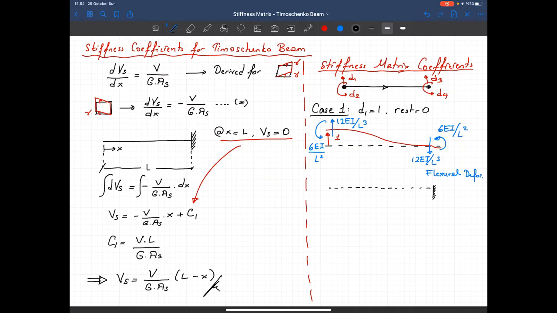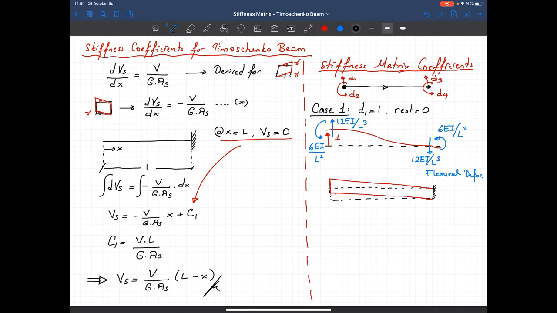I'll just plot the shear deformation in this figure. So in that case, we will see only angle change. Now, initially, this angle was 90 degrees, but now it becomes smaller. Okay, so I draw this case.